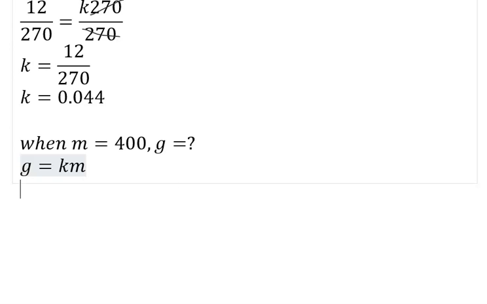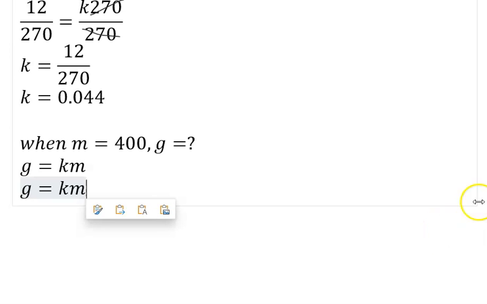So we'll make use of our equation 1. We don't know our G. Our M we are given to be what? 400. And our key, what's our key? We know our key already, 0.044.